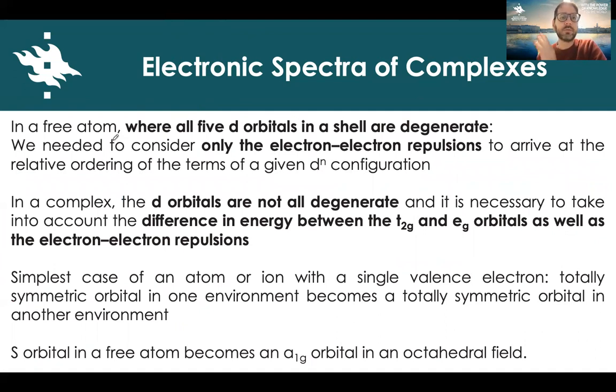So if we have a free atom, all the d orbitals are degenerate, and we need to consider only electron-electron repulsions to arrive at the relative ordering of the terms. If we have a complex, not all the d orbitals are degenerate, so they are split into two energy levels, for example, in an octahedral complex.